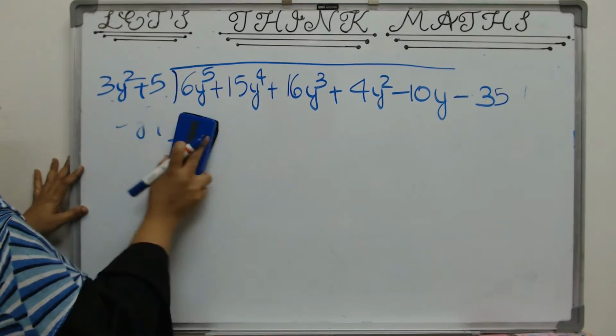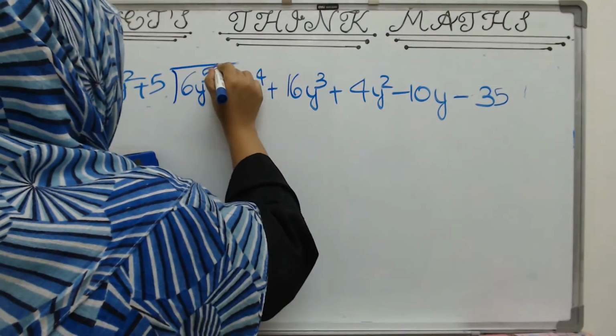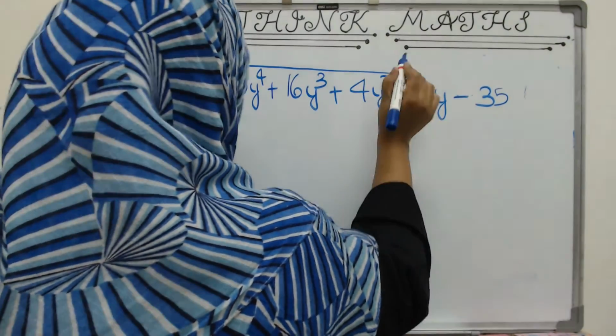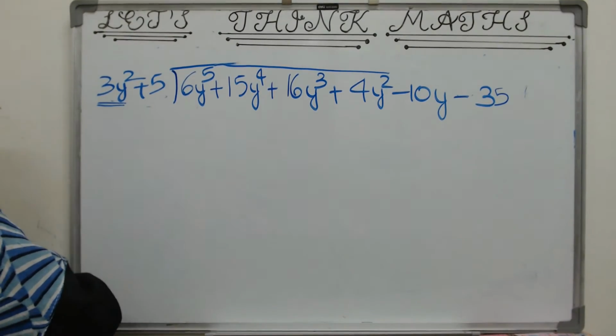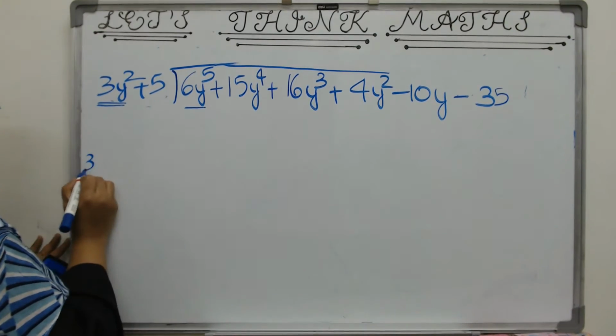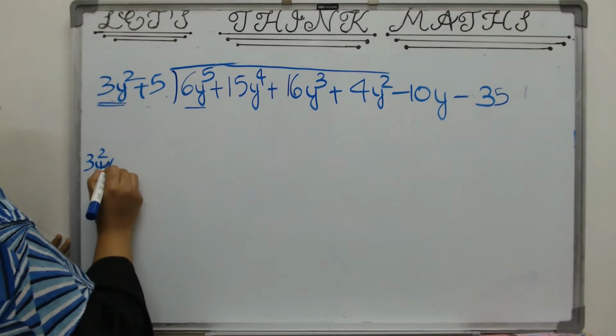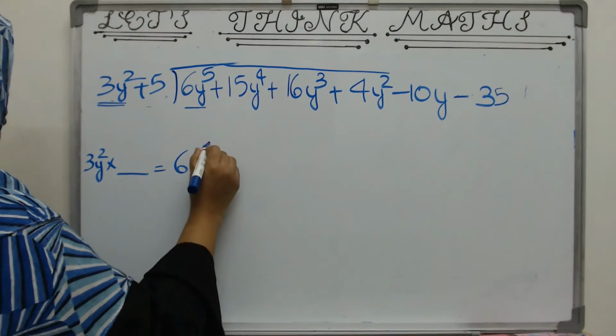Okay. And then remember, do not worry about all the other terms. Just concentrate on the first term of the divisor and the first term of the dividend and find out 3y square into what will give you 6y raised to 5.